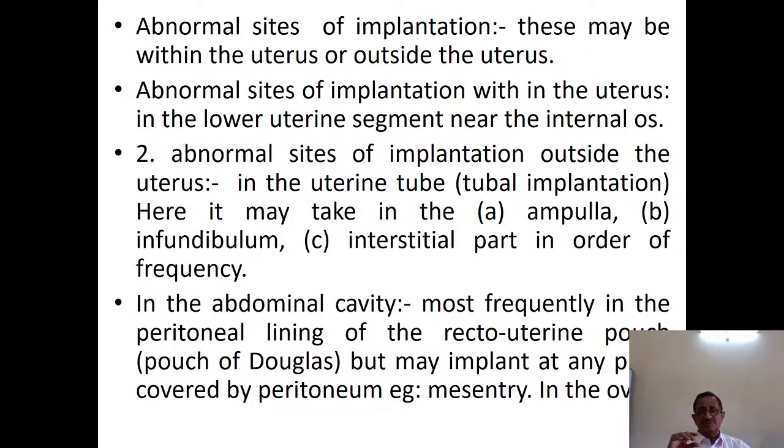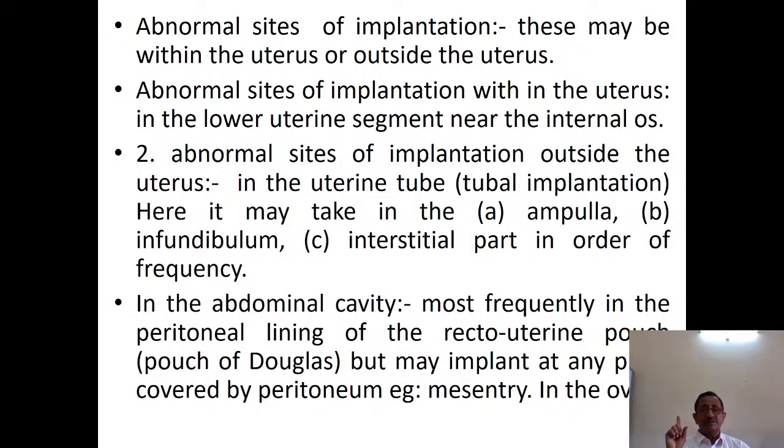And sometimes, if the zona pellucida dissolves earlier, the blastocyst may implant in the ampulla itself, or the infundibulum, or the interstitial part of the fallopian tube, that is, the part of the fallopian tube that lies in the thick wall of the uterus. These are the abnormal sites of implantation in the tube.